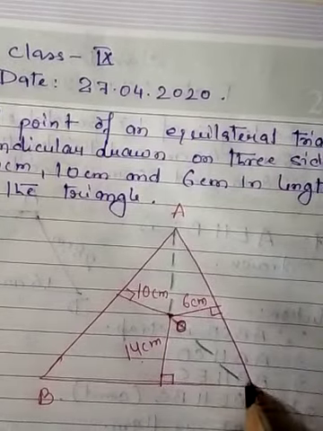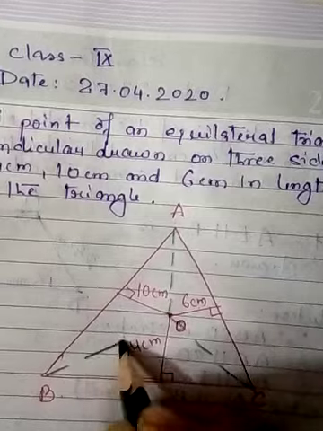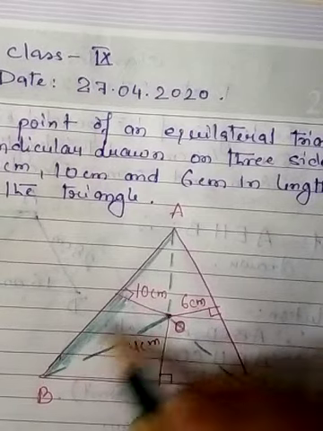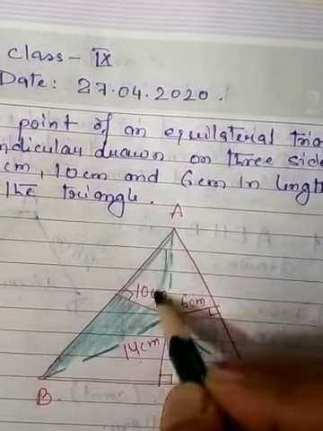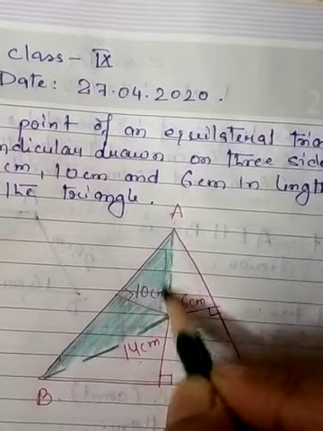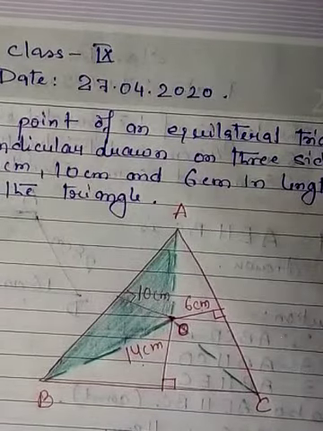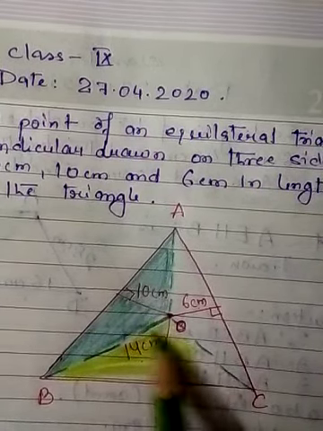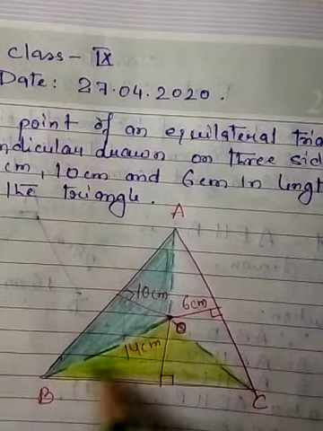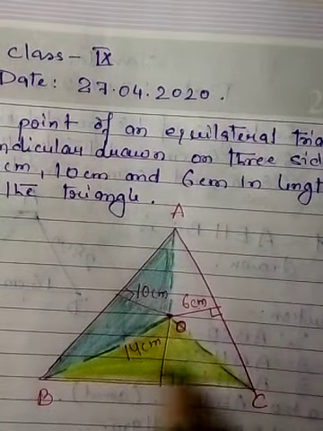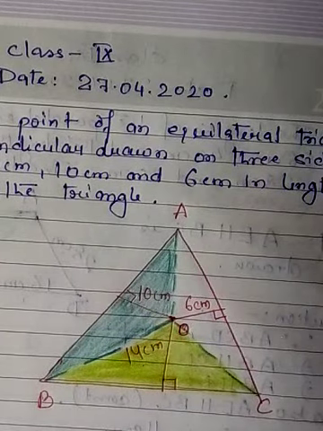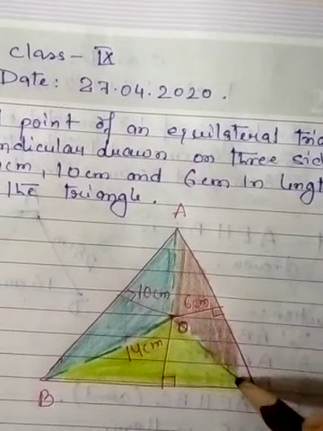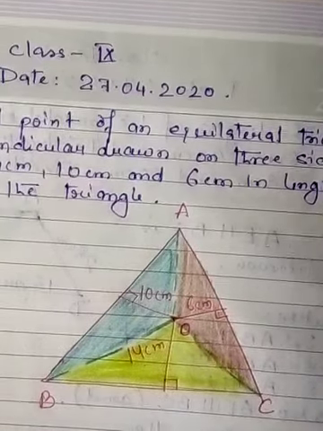So we have a triangle AOC, a triangle AOB, and a triangle BOC, and for these three triangles I am going to use the formula half into base into height.